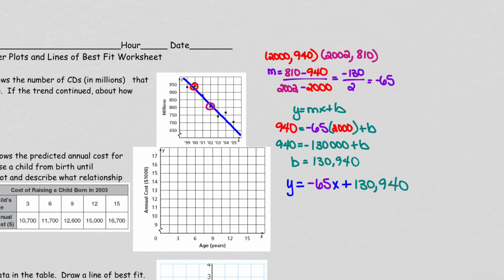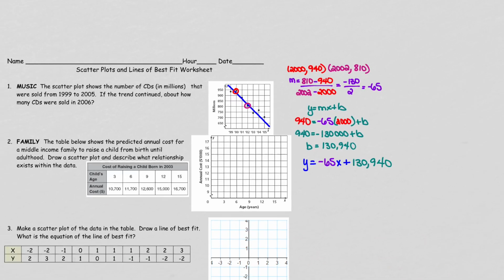The y-axis is in millions, so this is actually 130,940 million. But that makes sense because we're going down from the year 1999, 98, all the way down to the year 0. So it makes sense that the y-intercept would be that big. But that would be the equation of your line.